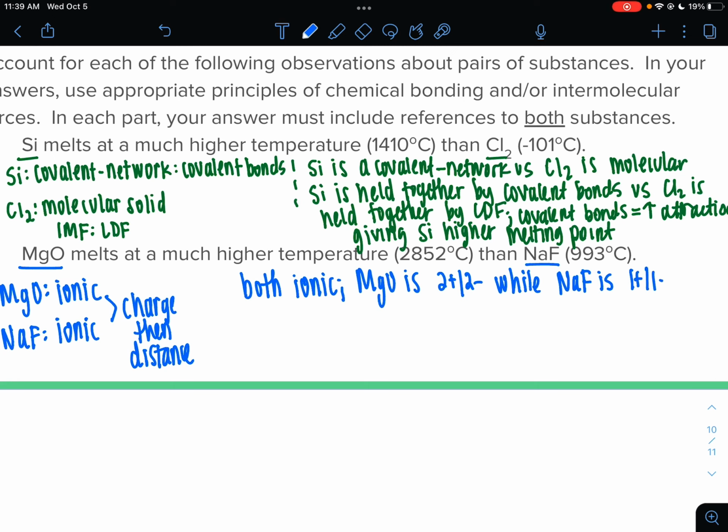Okay, why does that matter? What does Coulomb's law tell us? As we increase our charge, we will increase the attraction between them, and we will increase the melting point. Thus, MgO's is higher.